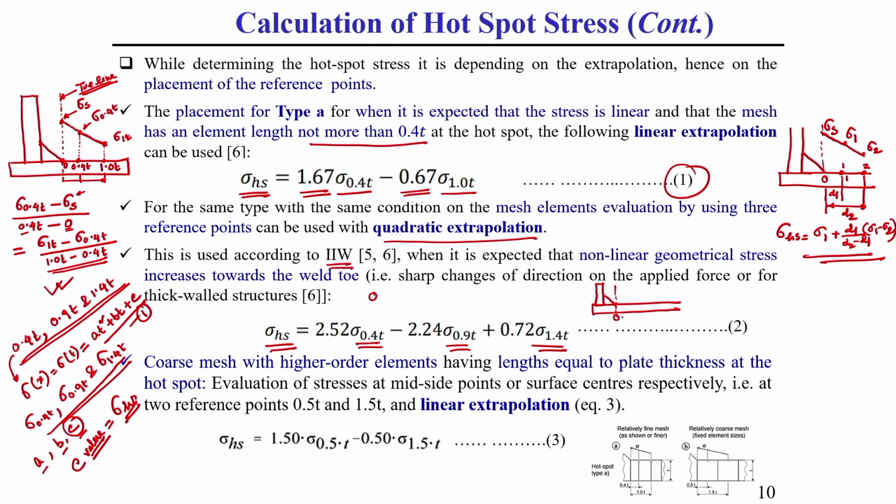At a distance 0.40, we take the stress value, then 0.90, and another we have taken as 1.40. At these 3 locations we find the stress value, after that we fit a quadratic curve, and that quadratic curve we need to extrapolate.